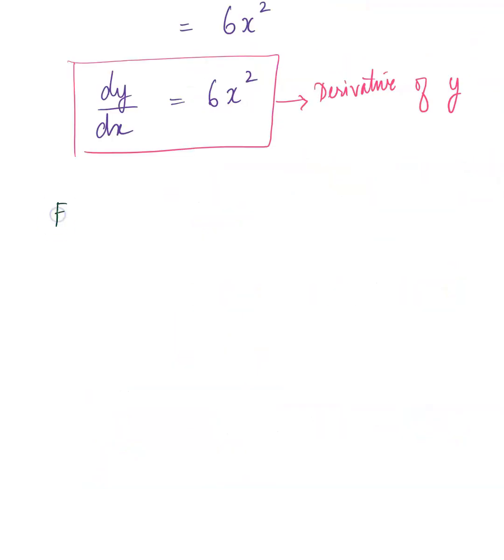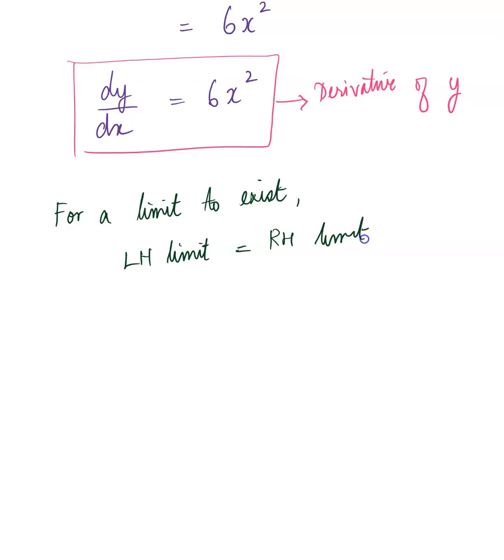Okay, we previously saw that for a limit to exist, we needed the left-hand limit to be equal to the right-hand limit.